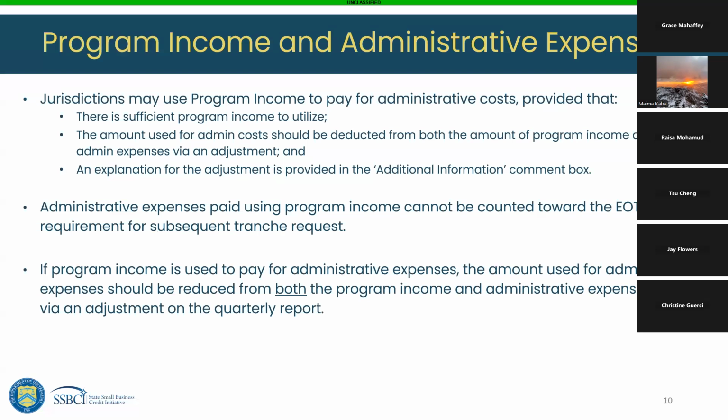However, if you decide to use program income to pay admin expenses, the amount used should be reduced from both the program income and the expenses line via an adjustment on the quarterly report. I'm going to walk through an example on the next slide.